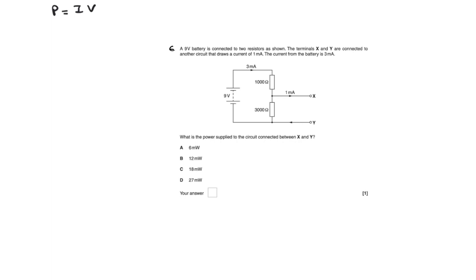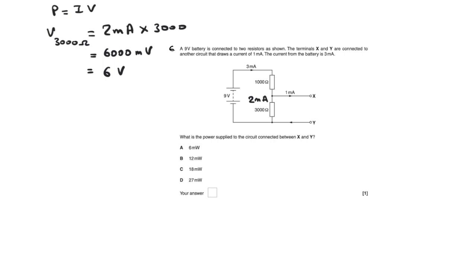Because that external circuit between X and Y is getting 1 milliamp of current, we would have 2 milliamps available to that fixed 3000 ohms resistor. So if we could work out the potential difference across that resistor, it will be the same across X and Y. So V across that 3000 ohms resistor is I times R, which is 2 milliamps times 3000, and that is going to give me 6000 millivolts, or just 6 volts.